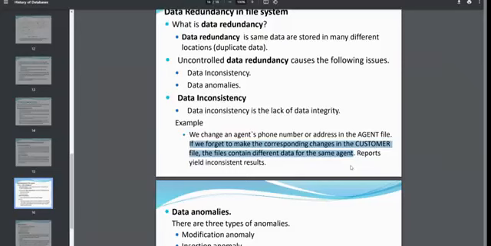So there should be a method so that when you change data in one place, related or same kinds of data in the same database also get changed automatically according to the new changes. If it behaves that way, we can say it is consistent. But if it is not changing according to new changes everywhere, we can say there is data inconsistency.